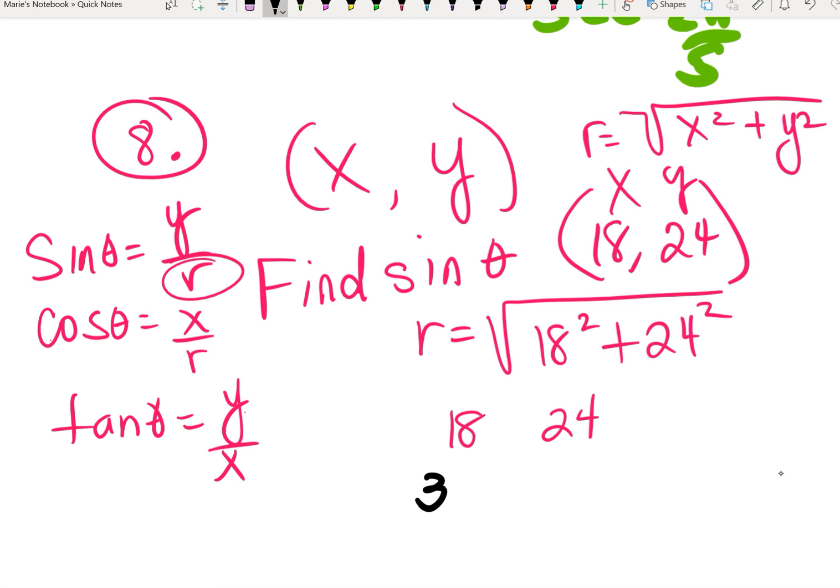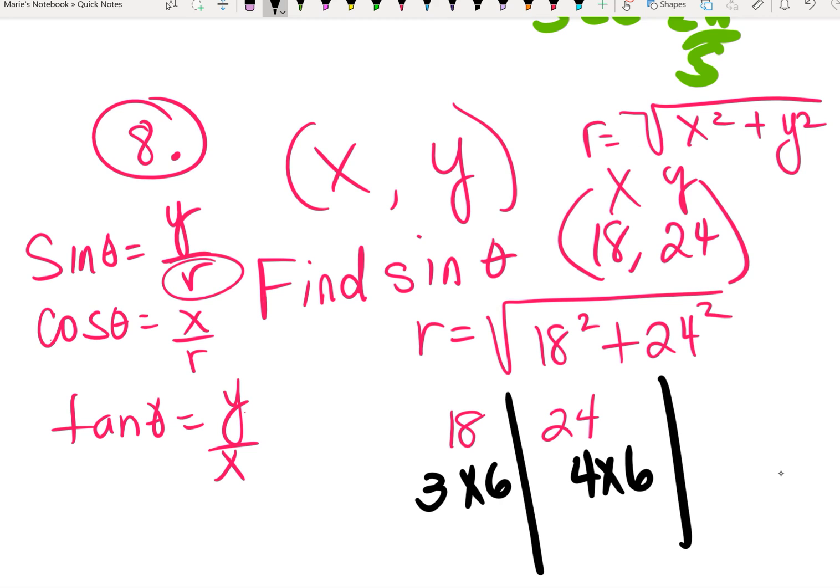Basically 3 times 6 for this, 4 times 6 for this. I'm missing the third side. The third side is going to be 5 times 6, so this next side should be 30.